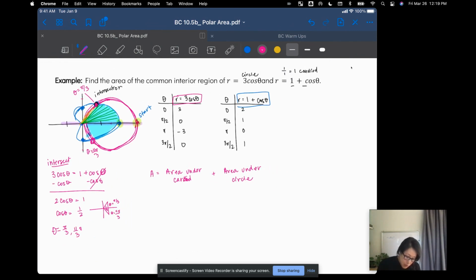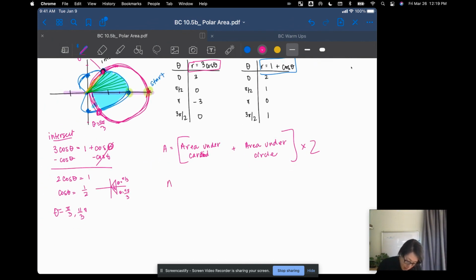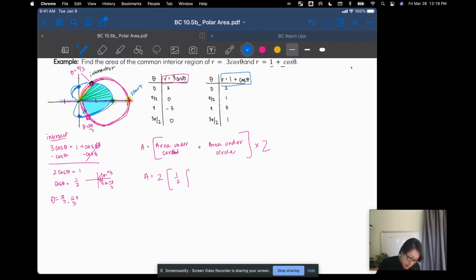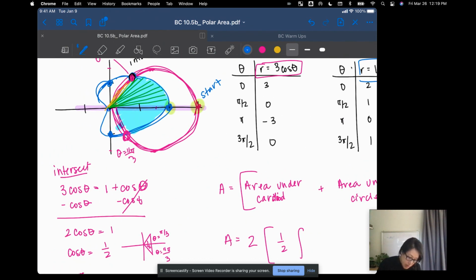Since I'm only taking the area of the top part of the curve, I need to double it because the top part of the area is symmetrical to the bottom part. So I need to make sure I multiply this total area by 2. Okay, I'm going to set this up as the area is equal to 2 for doubling times 1/2 of the integral of, okay, under the cardioid, the cardioid starts at theta is equal to 0.